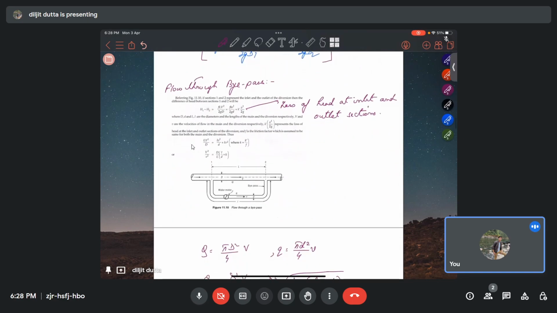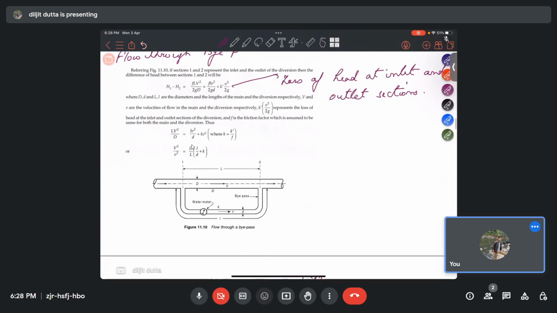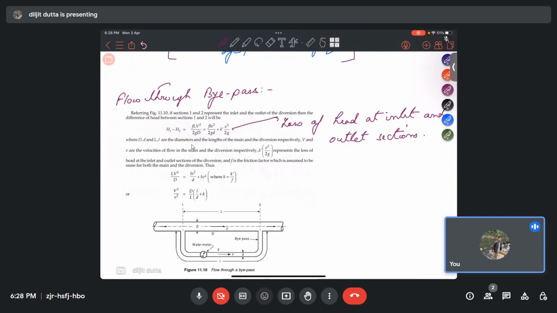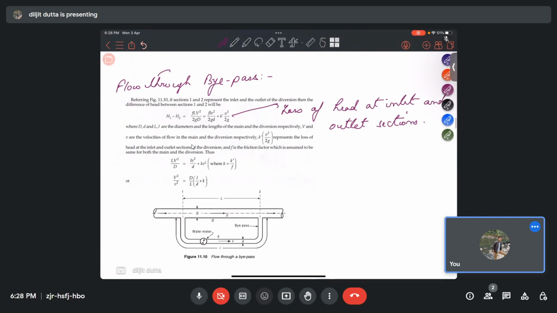Now there is something called the flow through a bypass. What exactly is it? This is done to evaluate the amount of flow in a very large pipe, for example when a pipe is connected from a reservoir or a river to a city, supplying water to the whole city.